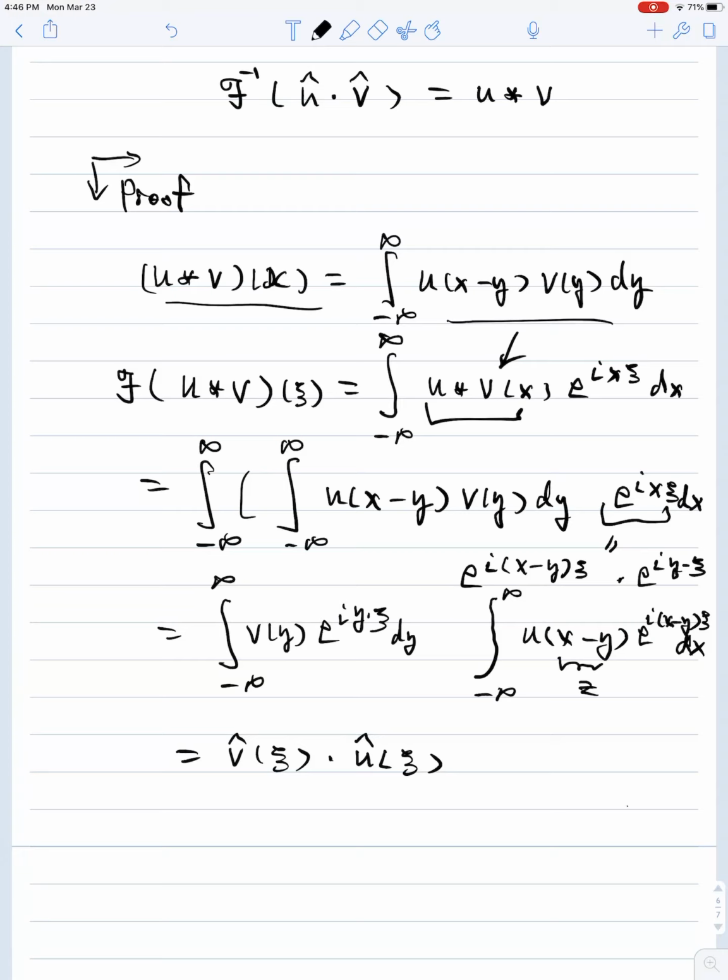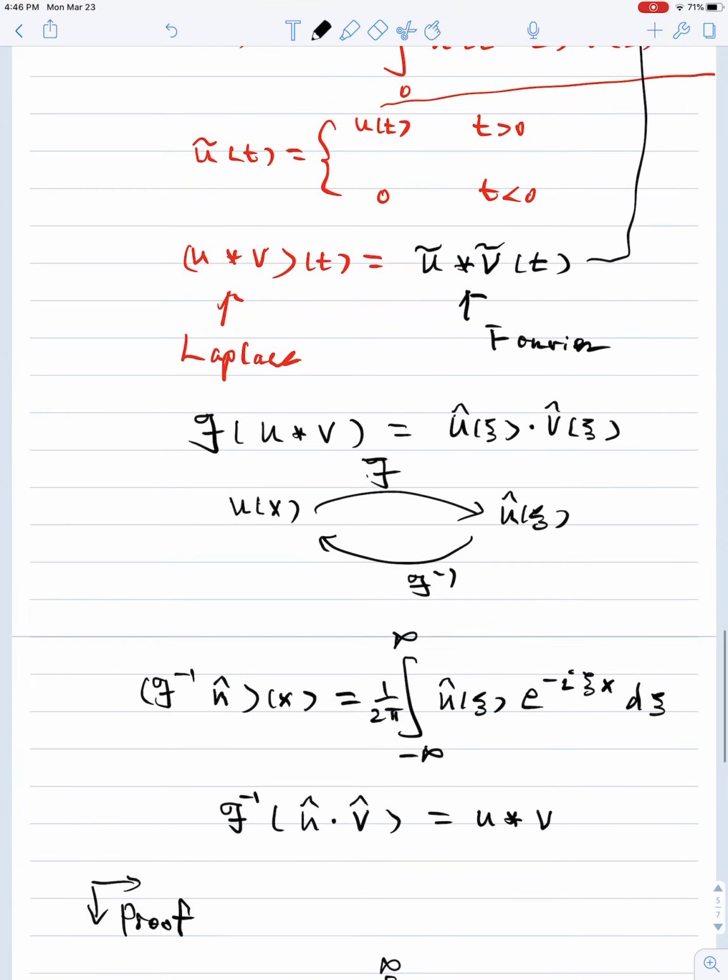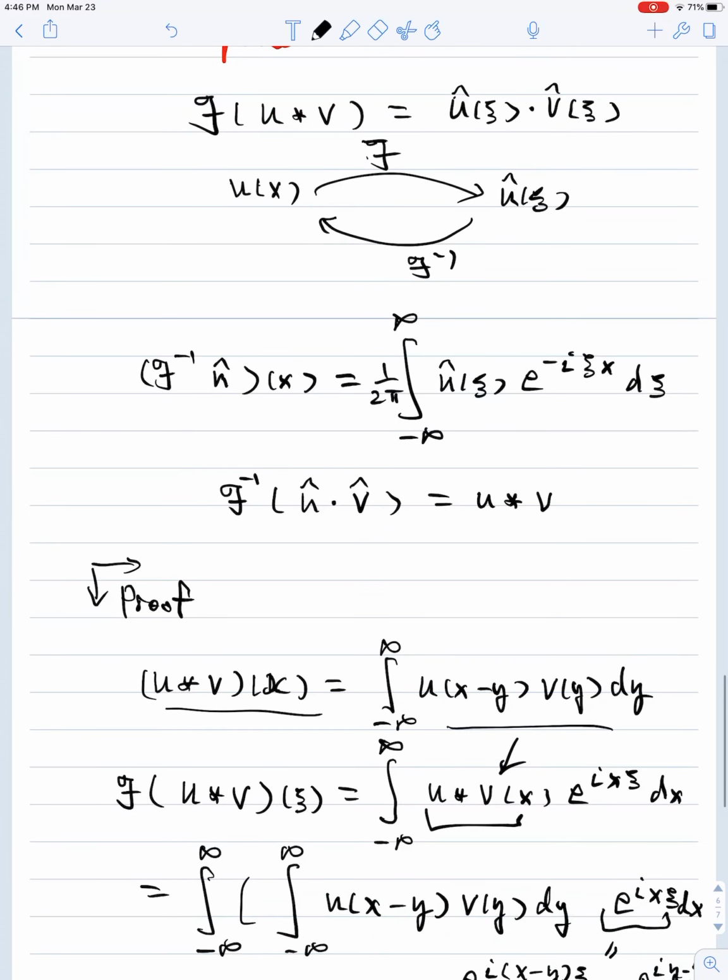So therefore we prove this convolution property. The key fact is actually the same as in the Laplace transform case: the Fourier transform maps a convolution to a product.